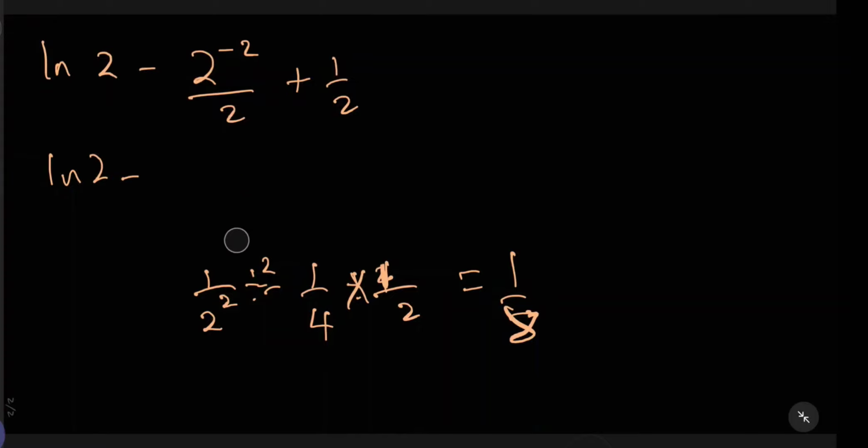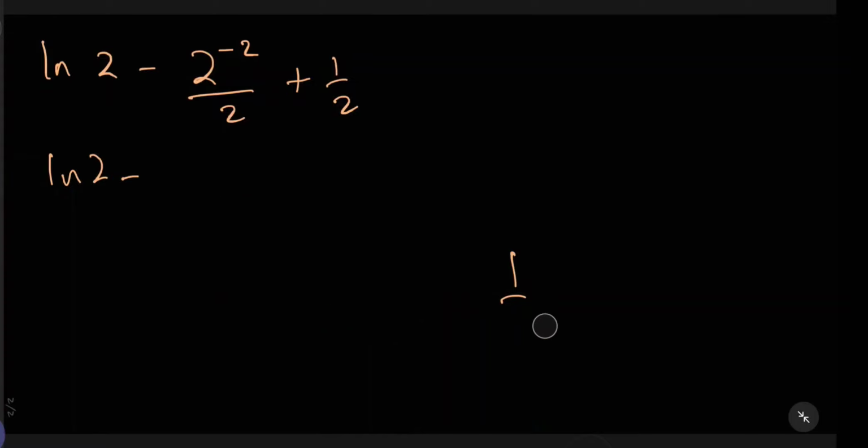Let's wipe up a little bit. So I have 1 over 8 minus 1 over 8 plus 1 over 2. And when you add minus 1 over 8 plus 1 over 2, we are going to have plus 3 over 8.